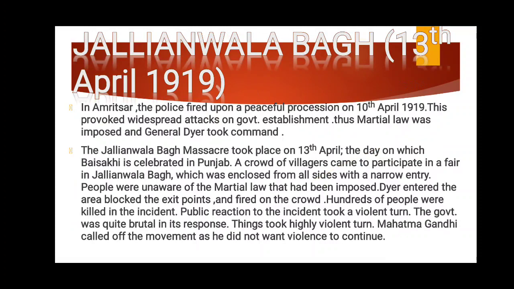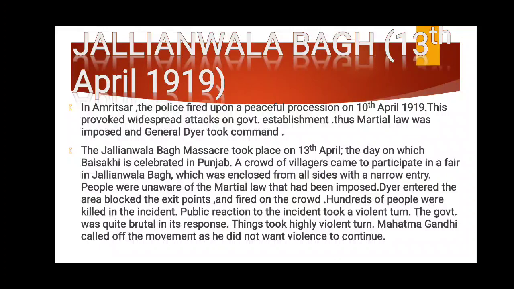It means due to this, people got angry and they demolished many government buildings, railways, post offices, and banks. Thus, just to repress the uprising of people, the government imposed martial law, which was under the command of General Dyer.